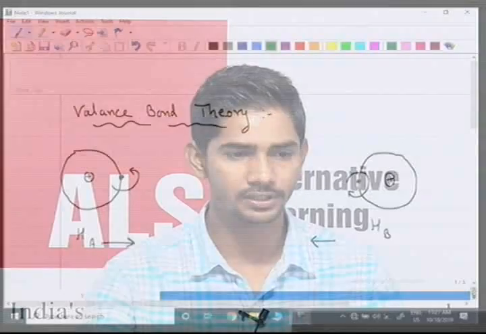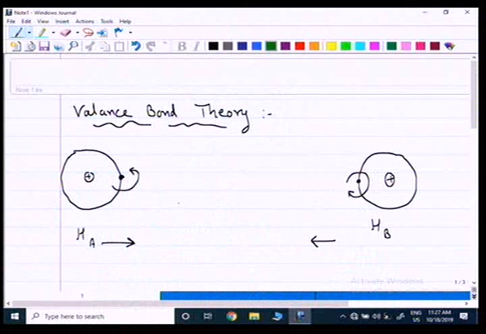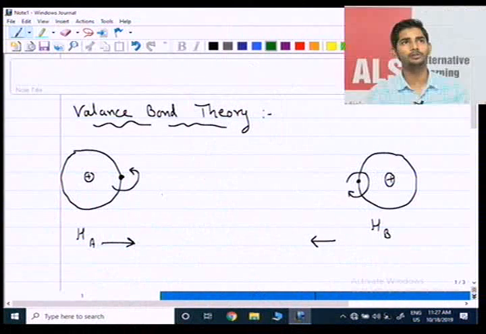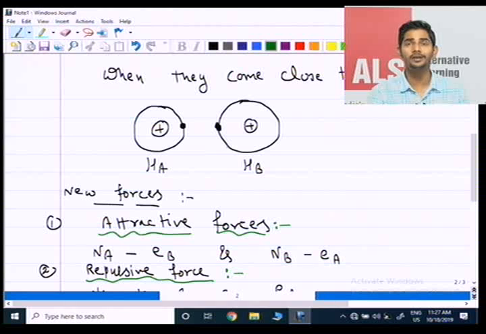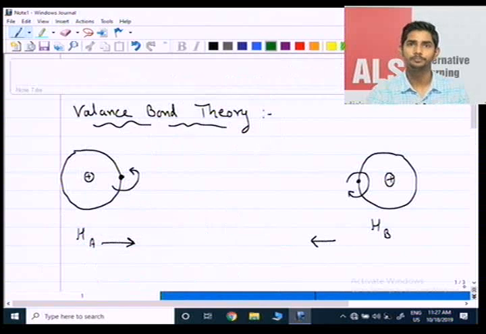See, if I talk to you about this one, first scenario is this one. Okay. If I ask you about the repulsive force, definitely it won't be very much. But if I ask you about this scenario where atoms are quite closer to each other, obviously the repulsive force will be relatively high as compared to case number 1. Okay.